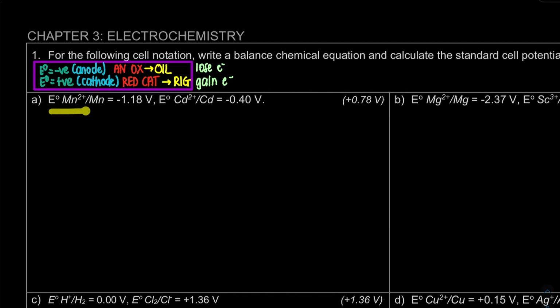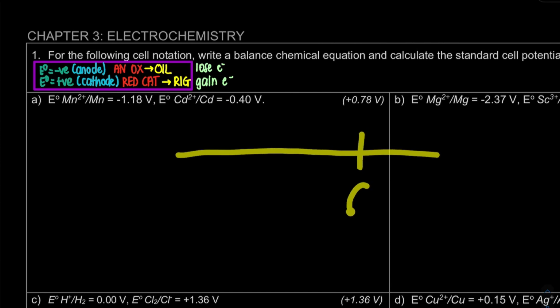We have E naught for magnesium with negative 1.18 volt and E naught for cadmium is negative 0.40 volt. We know that the more negative, remember negative and negative, so it will be anode. Positive, positive, remember cathode. Which one is more positive, which one is more negative, since these two values are negative? If you draw a line, the value nearer to 0 will be more positive.